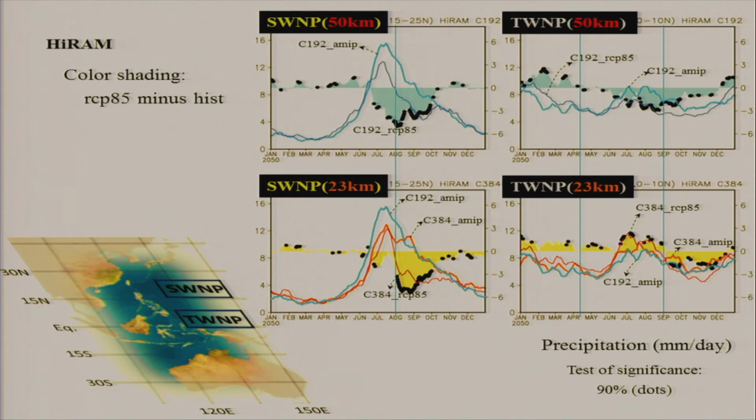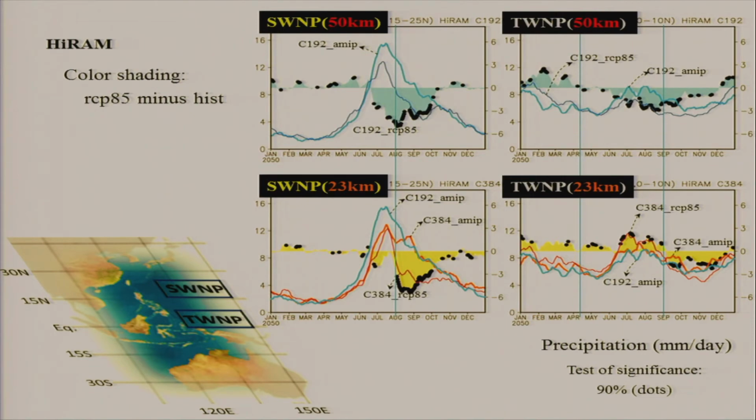And one question might be raised: the simulated precipitation over this area in the 50 kilometer model has a very large difference when compared to its 20 kilometer version. However, during this period, you can find insignificant future change over this area. So different horizontal resolution might cause some significant difference when evaluating the future climate change.